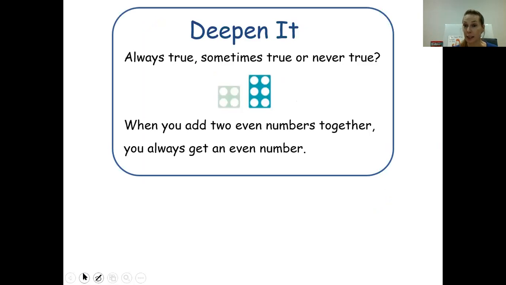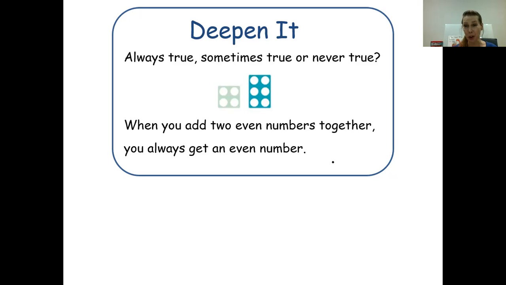And then finally, you've got your deepen it. So this one is always true, sometimes true, or never true. It says when you add two even numbers together, so there are two even numbers there, there's 4 and 6, you always get an even number. Now, you can't just do one number sentence for this because it says always true, and you can't really tell from just doing it once whether it's always going to be true.